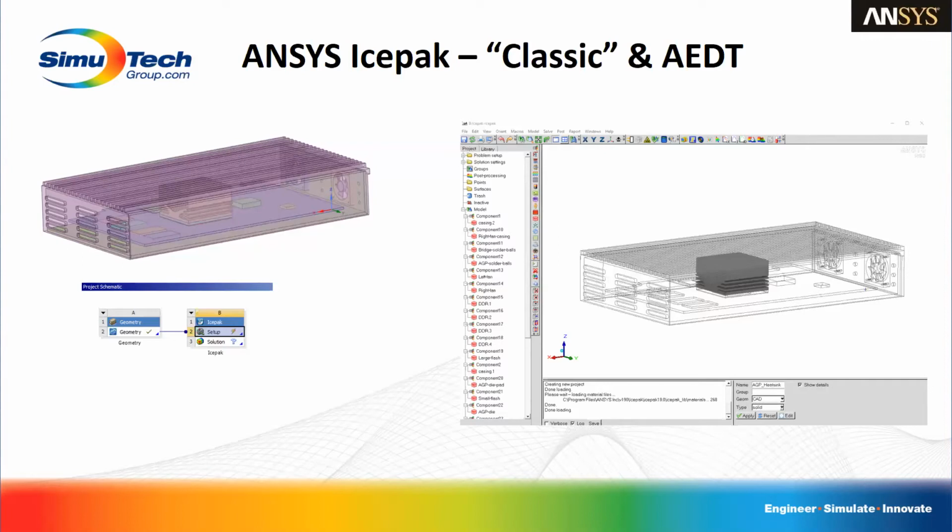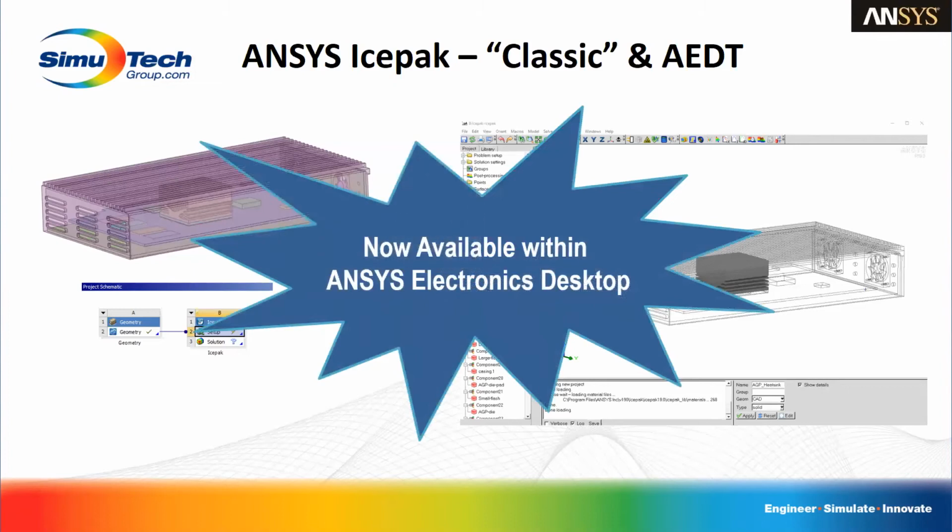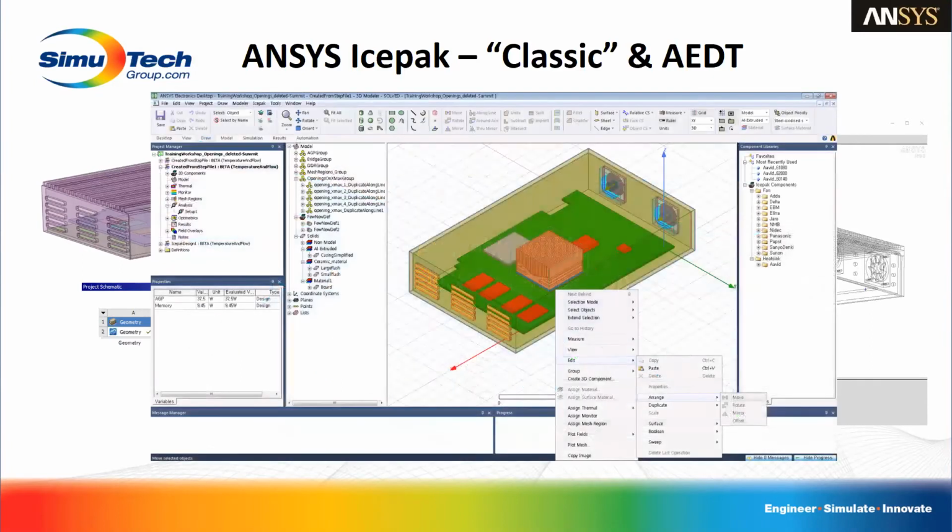A lot of people say it's a little bit of an archaic interface, but all of this is now available within the electronics desktop interface, which will become very familiar for users of electronics desktop. And even if you're not, you'll see the interface reflects the SpaceClaim interface a bit more, with the ribbons and things like that.